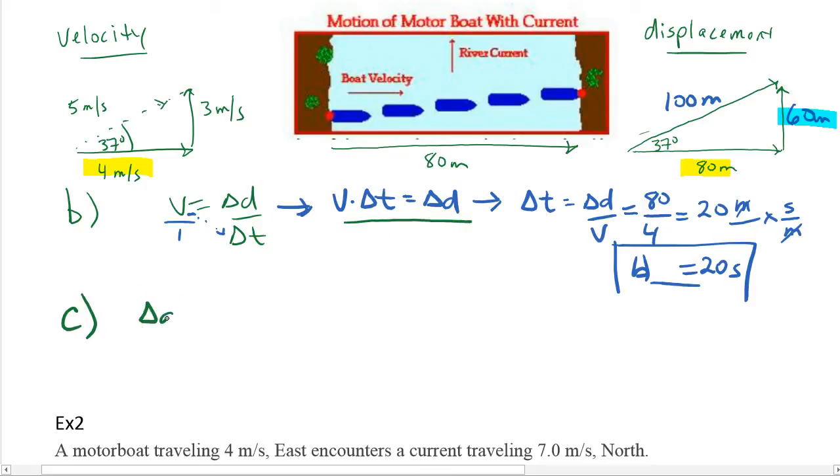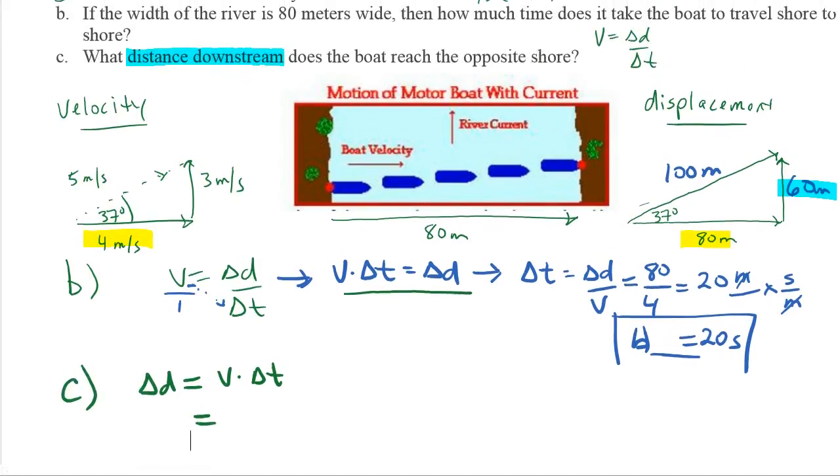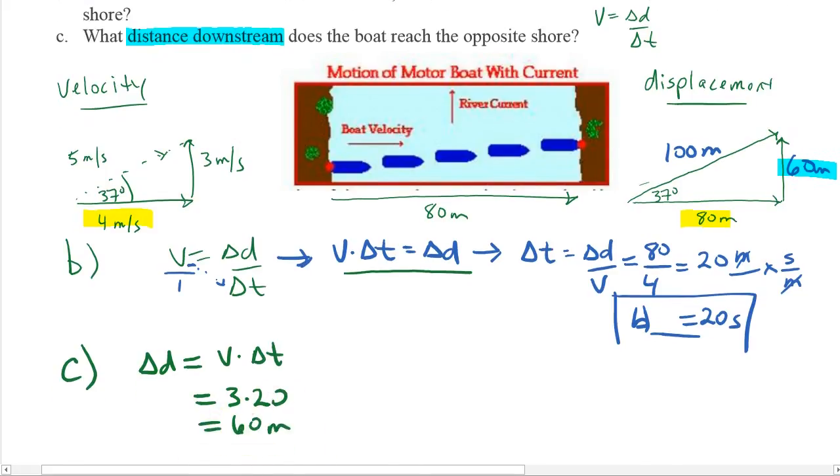Delta D is the distance downstream, multiplied by how quickly it was moving in that direction, multiplied by how much time. Let's pretend we don't know what the 60 is. This is the direction of the displacement, because this is down the stream, and this is how quickly they were moving downstream. It's the current. So 3 times 20 is going to be equal to 60 meters. And there is our answer.